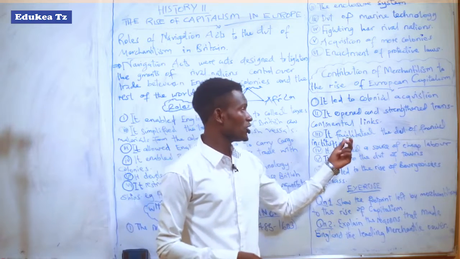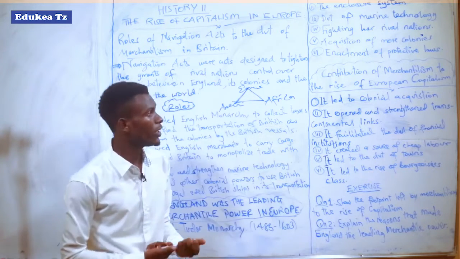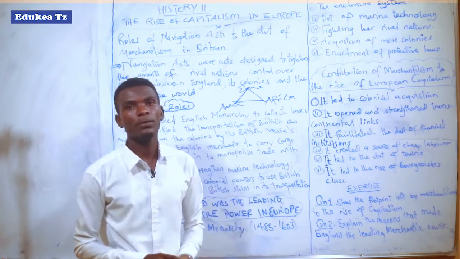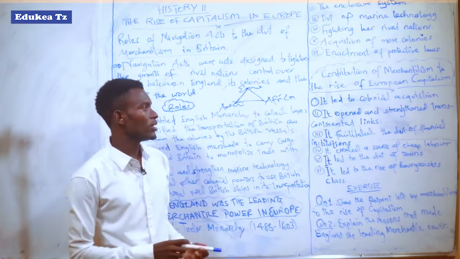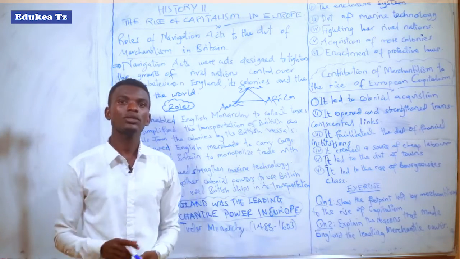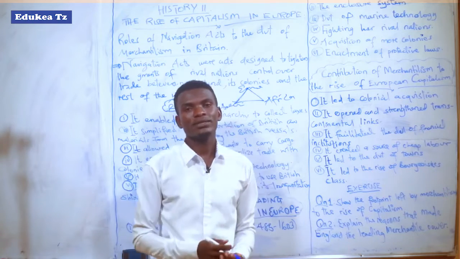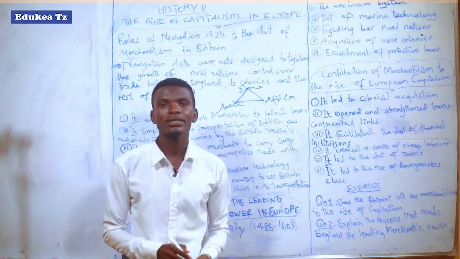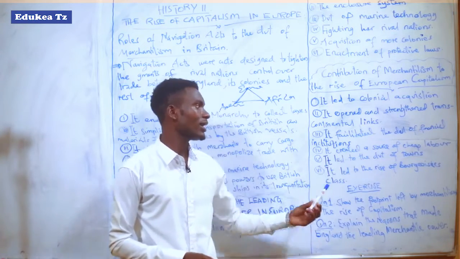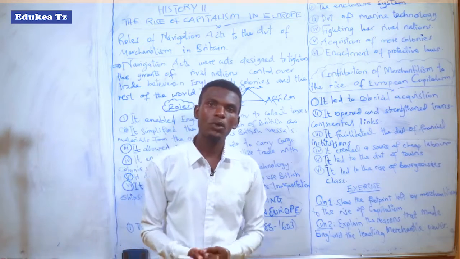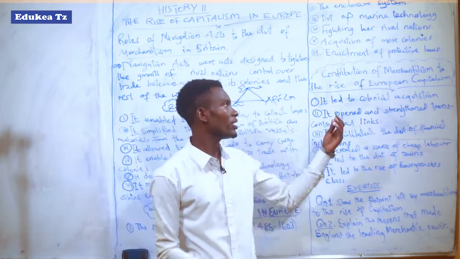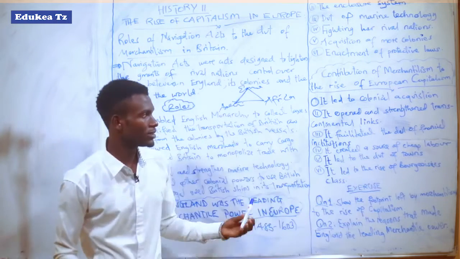Those financial institutions and banks were providing loans and grants to the merchants, and those merchants invested that money in various economic activities, like the agricultural sector and the industrial sector. So production increased as they had enough money or capital to invest. So that led to the rise of European capitalism in that way.